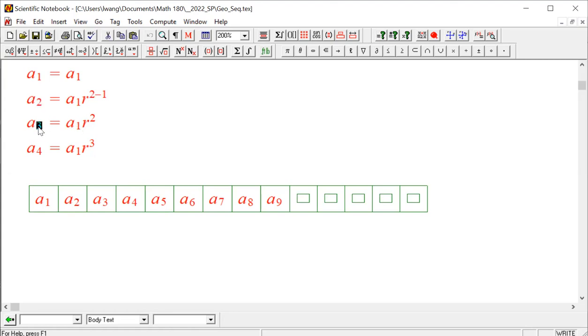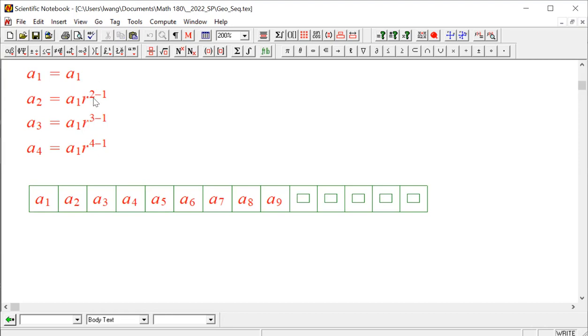And a sub 3 is a sub 1 times r to the power 2, where 2 is 3 minus 1. A sub 4 is a sub 1 times r to the power 3, which is 4 minus 1. So we start to see a pattern: if this is the index, the power is r to the power of index minus 1. So how about this one?